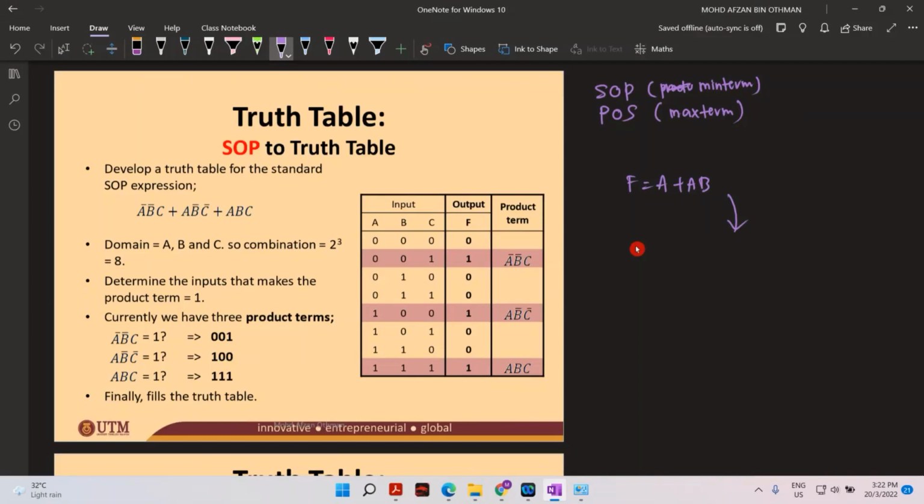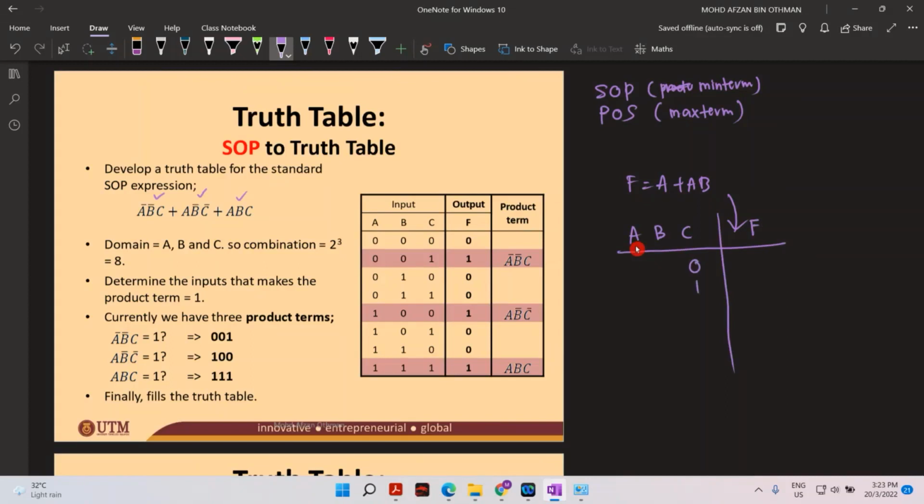Okay, so yang ni ada A bar, B bar, C sebab kamu ada 3 domains. So they also have 3 domains and this is also 3 domains. So this is the standard SOP. Since there are 3 domains here, bilangan input ada berapa? So ada 3 inputs. Dekat truth table, you will have 3 inputs, A, B, C and output F. Since input ada 3, berapa combination of input?